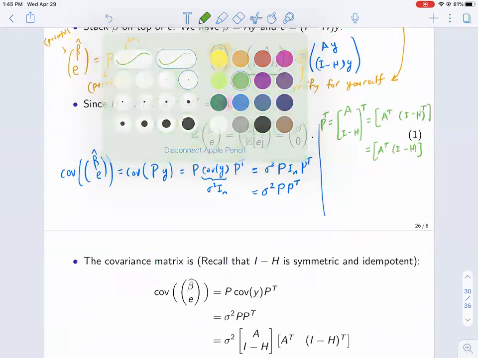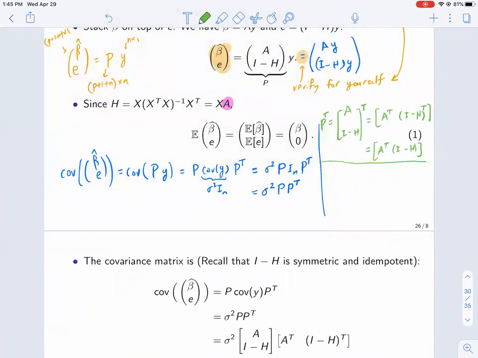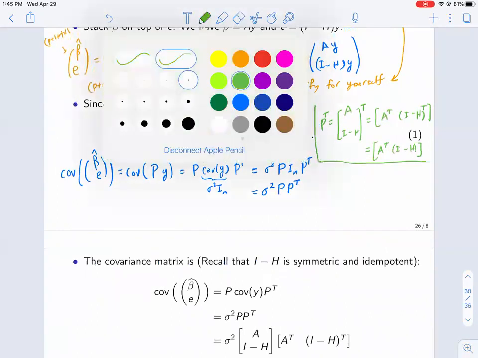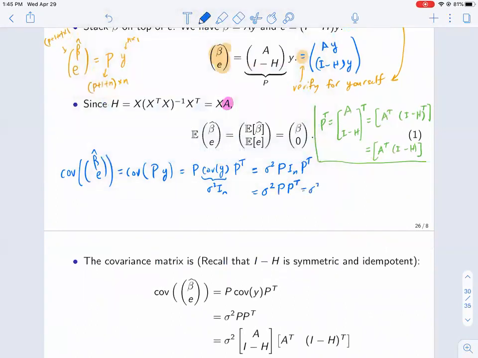So this is done. Now I'm going to continue with this calculation. So I have sigma squared, and I'm going to replace this with P, which is A, I minus H, and then P transpose, which is A transpose, I minus H. Just bear with me for one more minute and we're done.